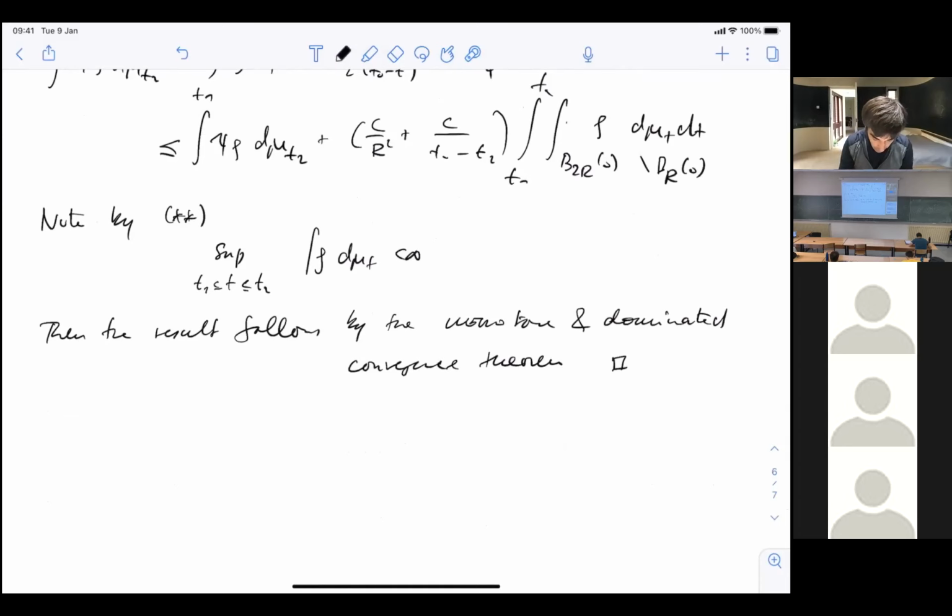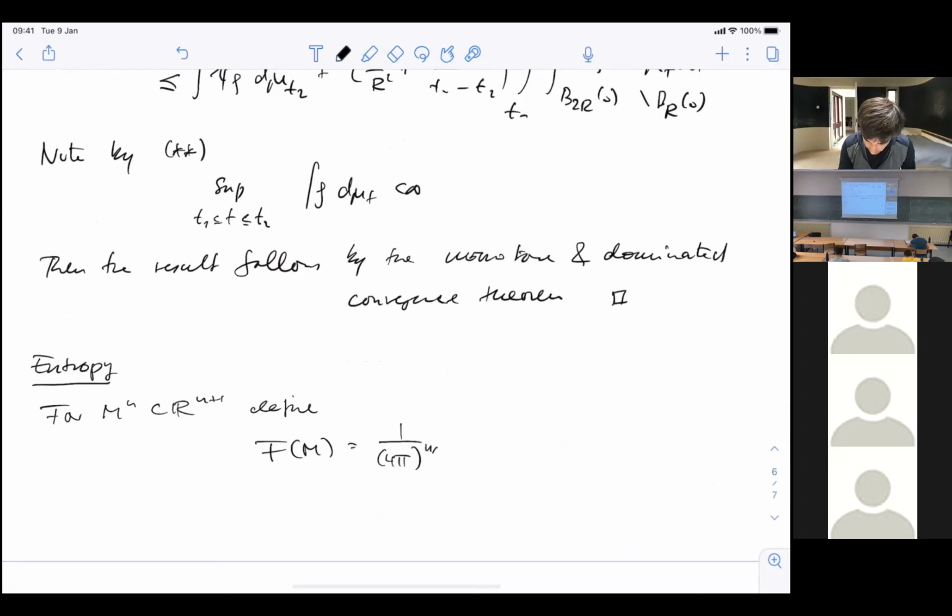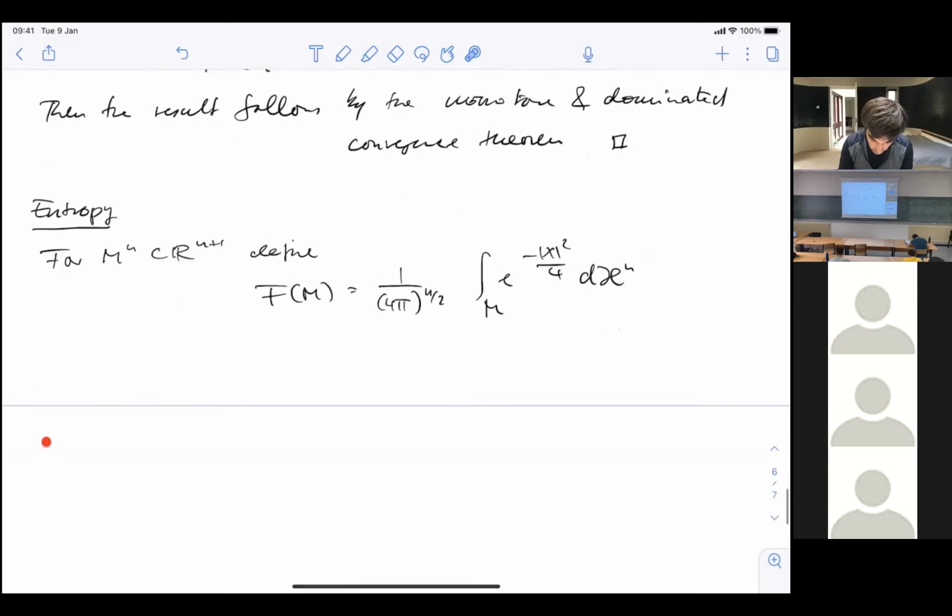Okay, now let's discuss entropy. Now, for a surface in R^(n+1), we define just the weighted area measure. We define F of M as 1 over (4 pi) to the n over 2, the integral over M of e to the minus |x| squared over 4 dH^n. Up to scaling, this is what appears in the monotonicity formula.